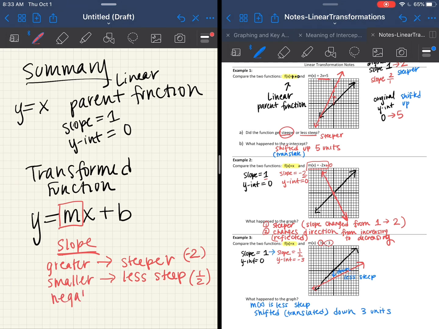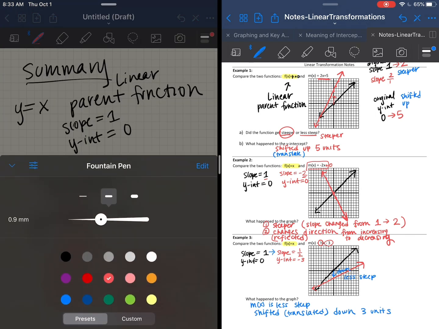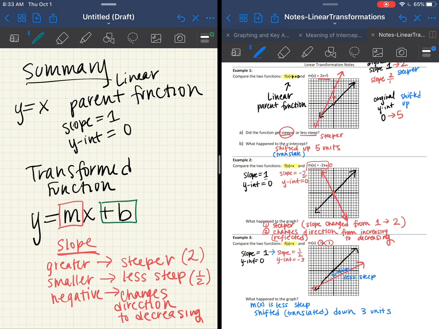And then if it's negative, that's how you know it changes direction to decreasing. That's where the negative comes into play. So ignore all negatives unless you're talking about the direction. They put that question on there a lot, trying to trick you. A slope of -7 would be much steeper than a slope of +3.